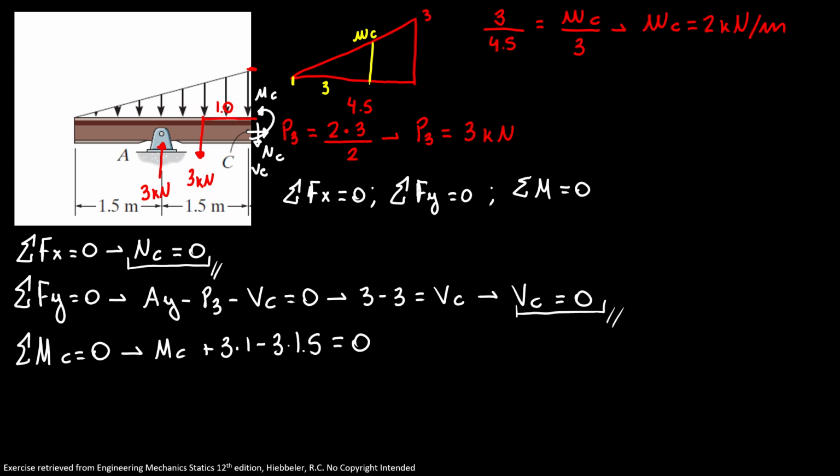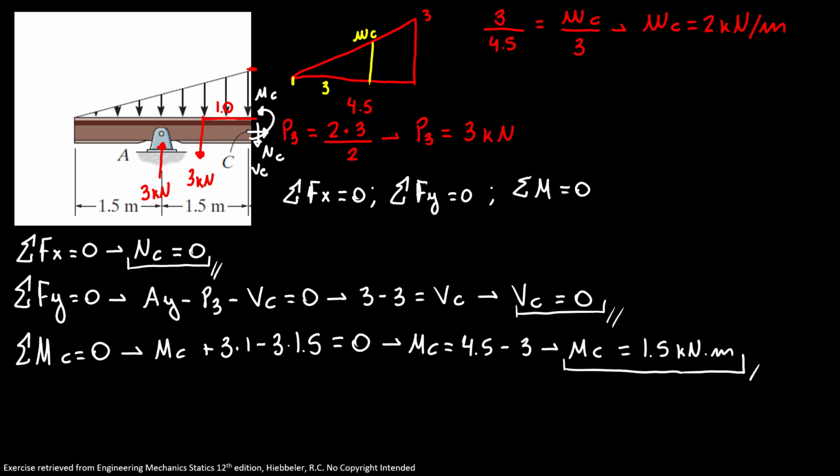So here we have MC is equal to 4.5 minus 3. Our MC is equal to 1.5 kilonewtons times meter. So we finalize our exercise finding our internal forces.